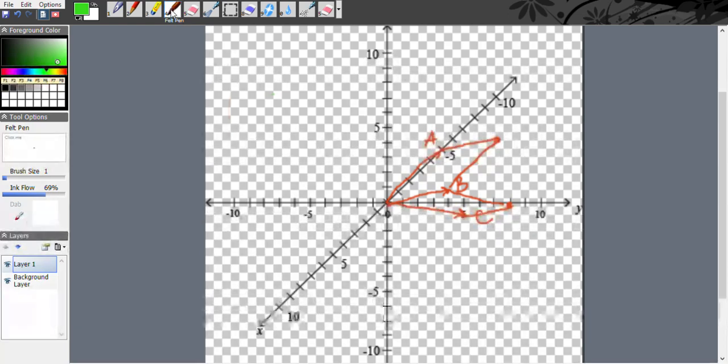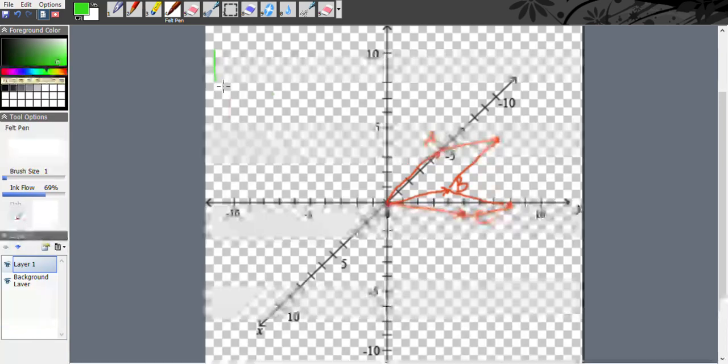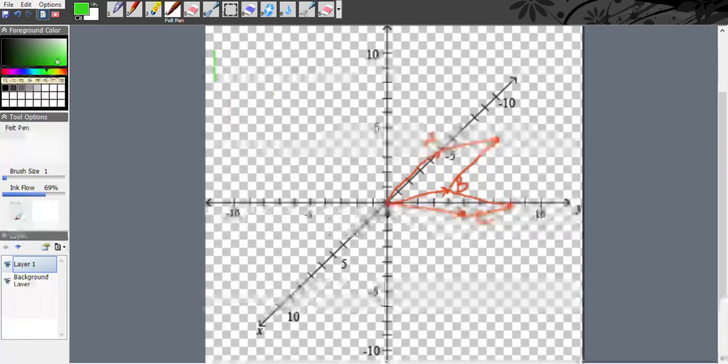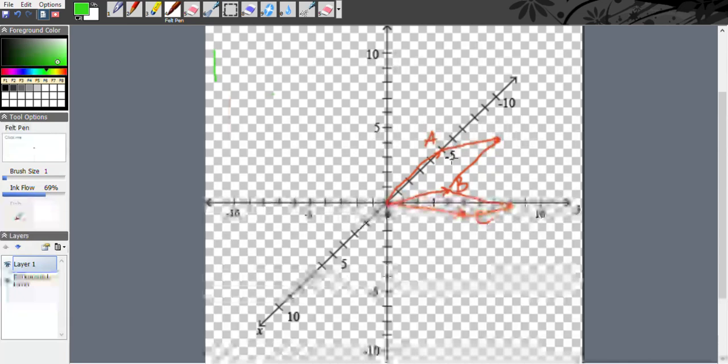Okay. Let me see if it's going to look good. Right. So I'm going to see what parallelogram can be formed by the vectors OA and OC. I'm going to sketch the side parallel to OC first.